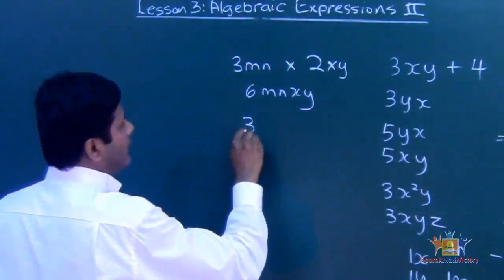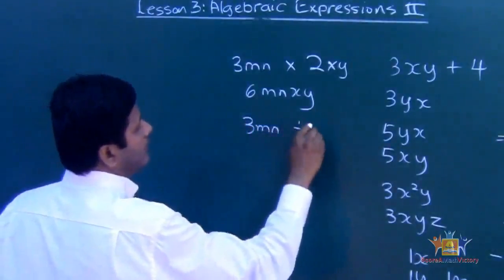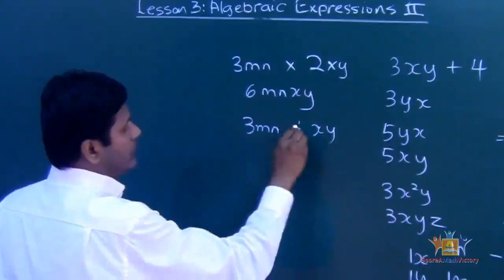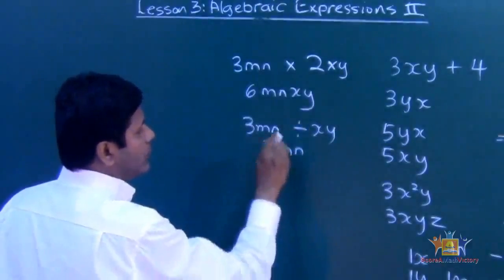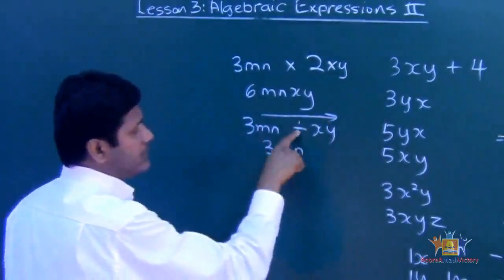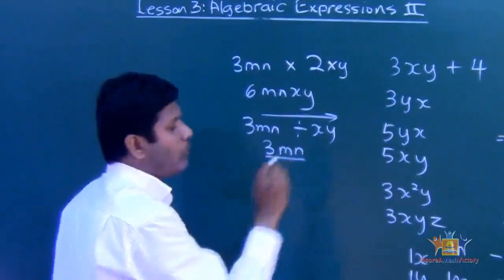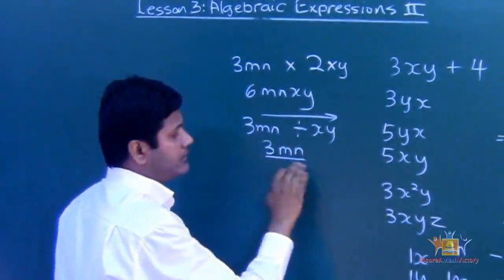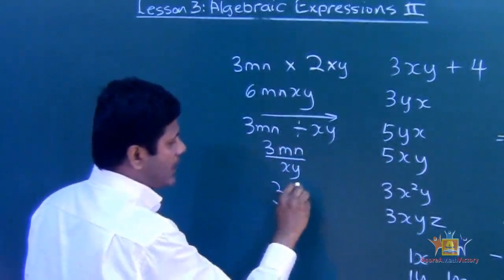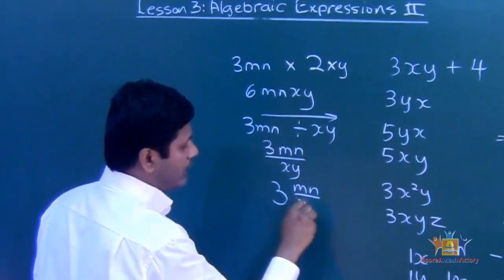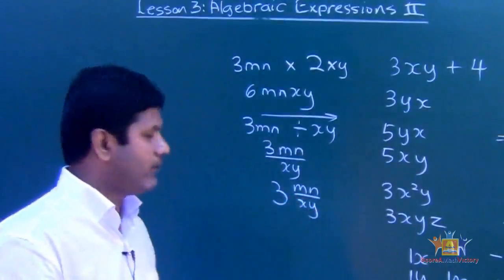If I have 3mn and I'm dividing it by xy. So the division, I can rewrite this as 3mn, use the right arrow method. What is this division? We can also put what? Over. That's the division line, xy. See that? Or in other words, 3mn over xy. You can write it like that too.